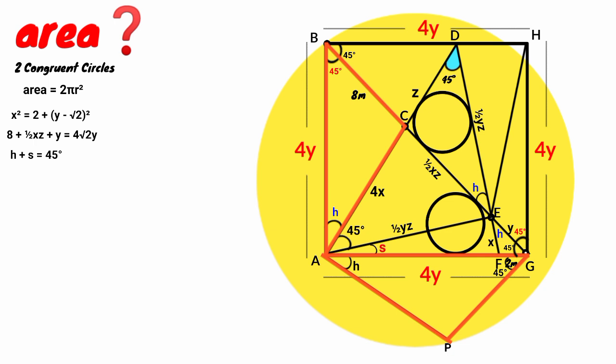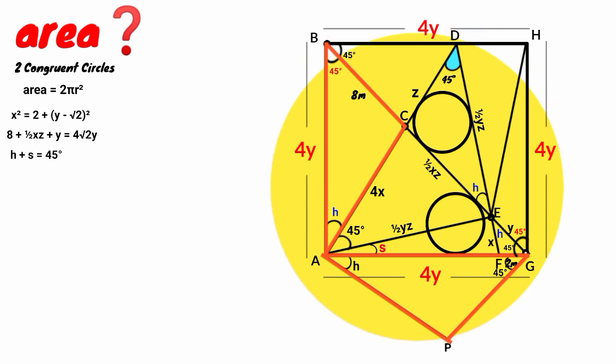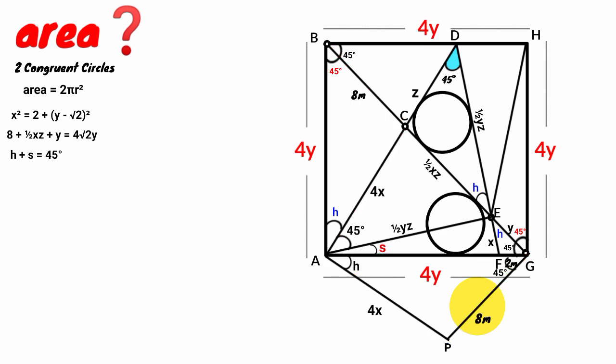That makes them similar. But the fact that this side and this are congruent tells that the two triangles are congruent triangles. So the other corresponding sides are equal. Since this is 4x, this must be 4x. And since this is 8 meters, this must also be 8 meters.